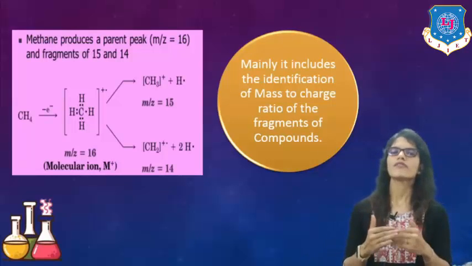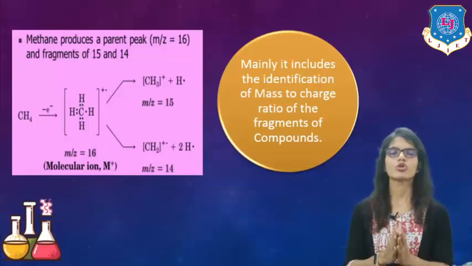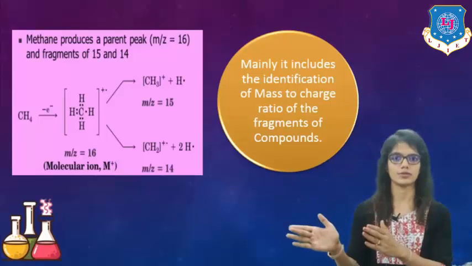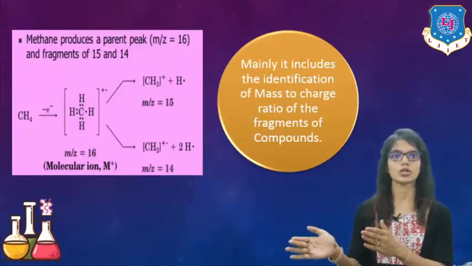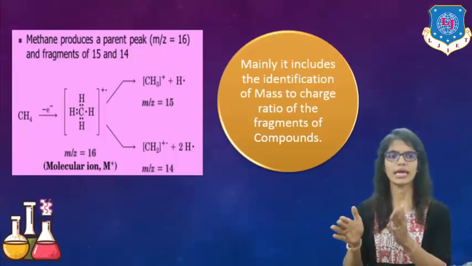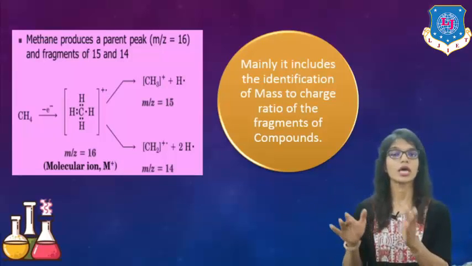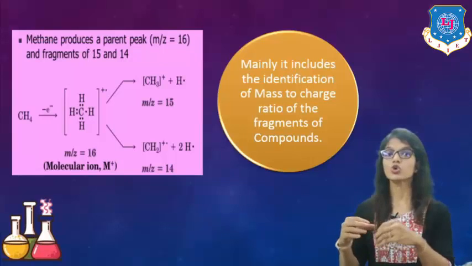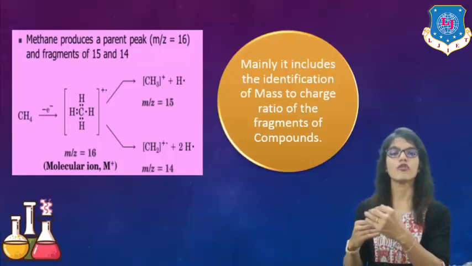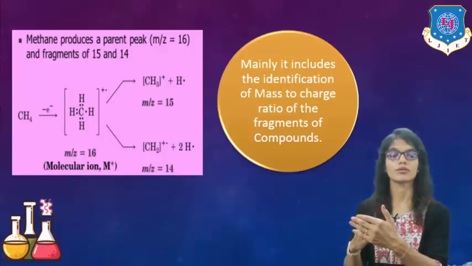So how is the identification possible? Now we all know that each and every substance or each and every compound is different. That means it's an individual. So when we fragment them or when we break them, at that time also, the fragments are totally individual to that particular compound. Right?